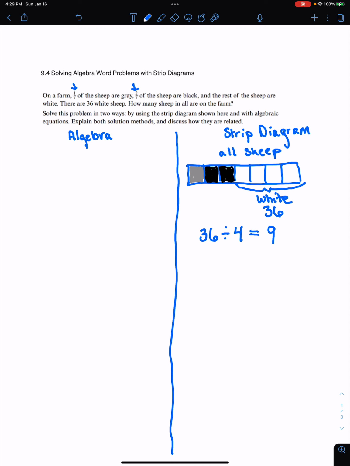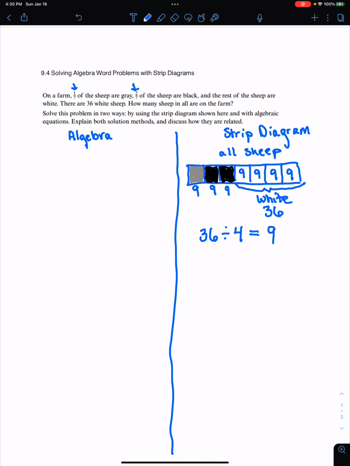So that means I have 9 white sheep in each of those boxes. And because I already said that each one of my pieces in my diagram is equal in size, I also have 9 sheep in each of the other boxes.